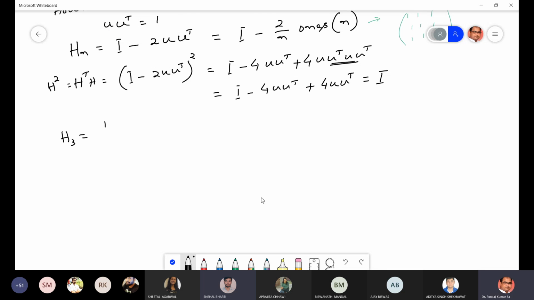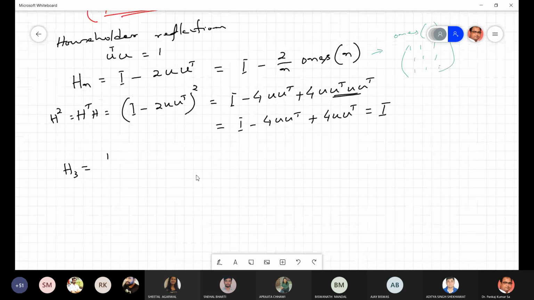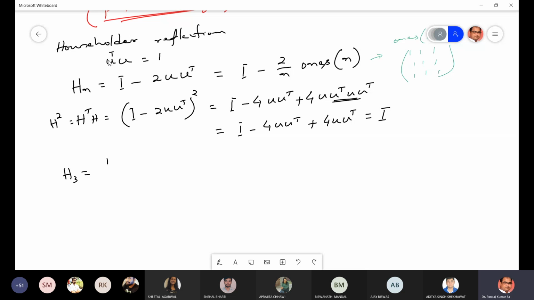No, this is wrong actually. U is a column matrix and this is a row matrix. A column matrix or row matrix cannot be one. So this is actually U transpose U. Row times column becomes a scalar quantity. Yeah, that's a mistake actually.